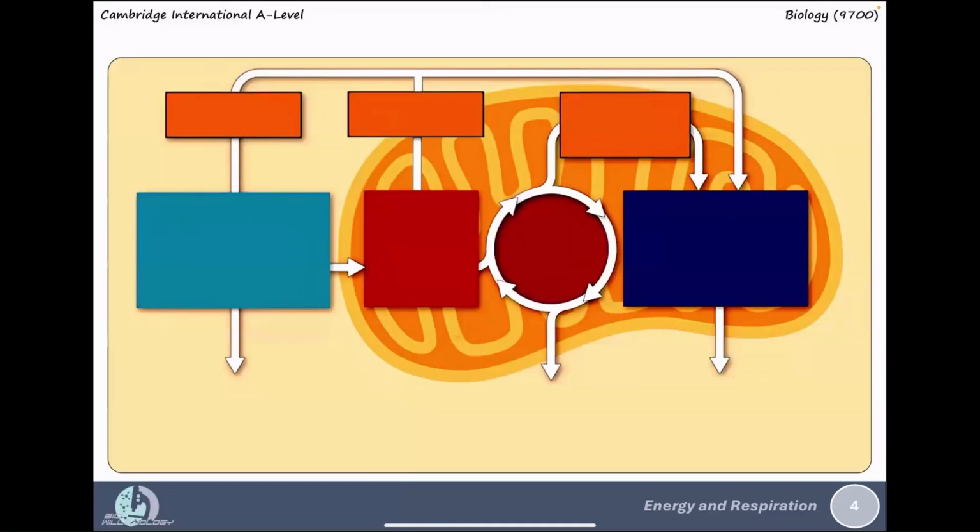This diagram summarizes the 4 stages of aerobic respiration and where these reactions actually take place. First of all, glycolysis. Glycolysis occurs in the cytoplasm of a cell, where a glucose molecule is oxidized into pyruvate in a series of reactions. In this series of reactions, ATP is synthesized through substrate-link phosphorylation, as well as reduced NAD is produced.